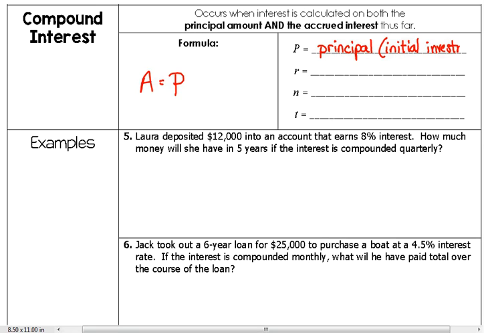Whatever you put in that account first is the principal, and that's what goes first in the formula. Then it is parentheses 1 plus R over N. R is, of course, the rate expressed as a decimal.